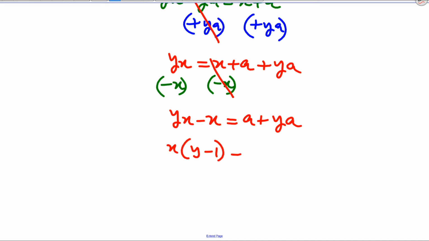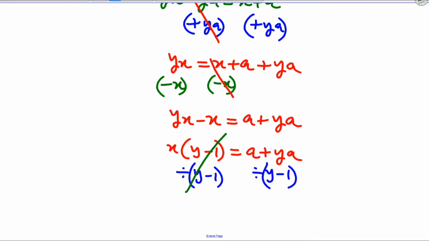Y minus 1 is equals to a plus ya. And then the next step is to divide by y minus 1. y minus 1 divided by y minus 1 will be equal to 1, just like 4 divided by 4. So x will be equal to a plus ya over y minus 1.